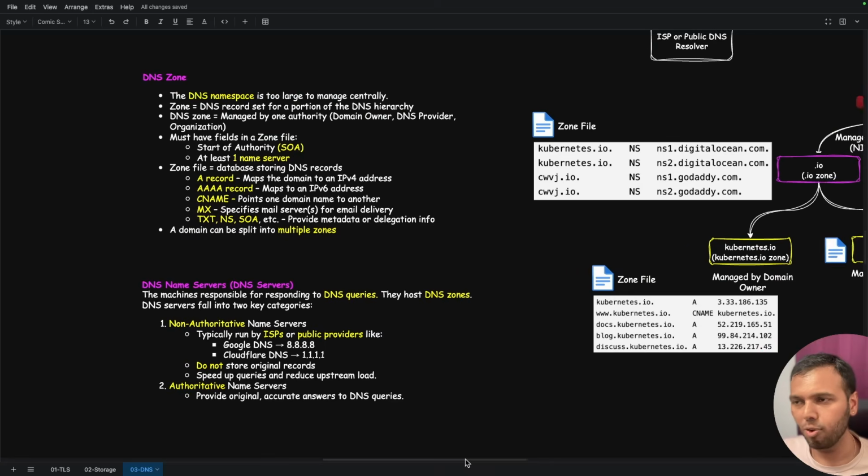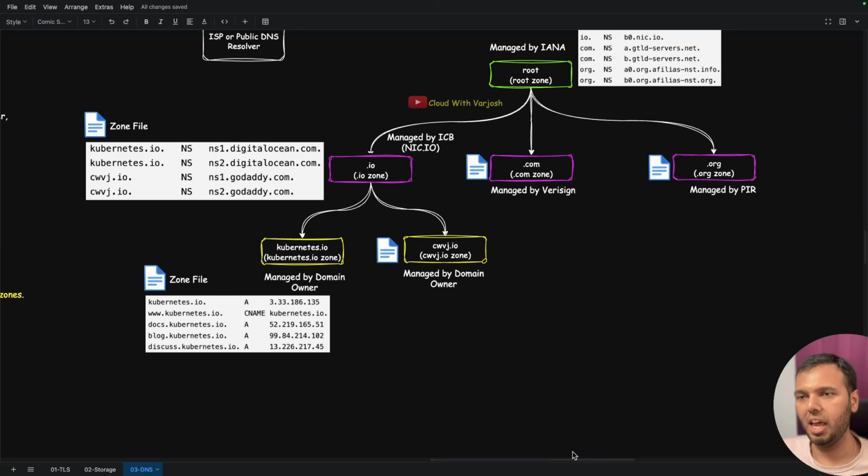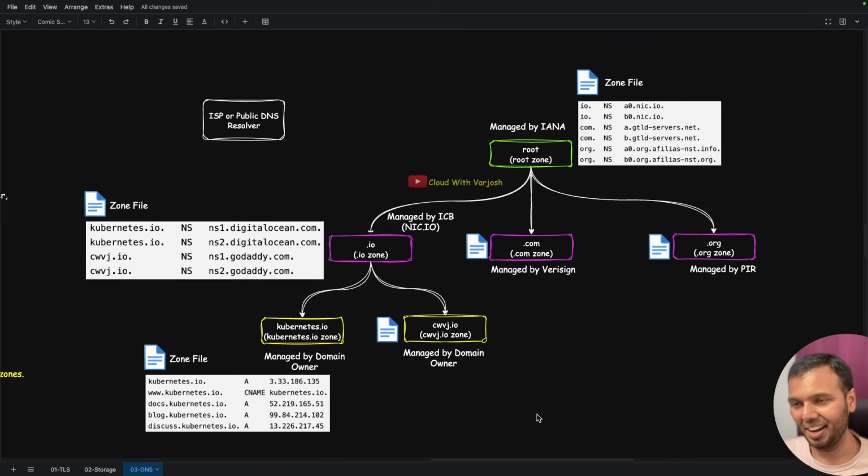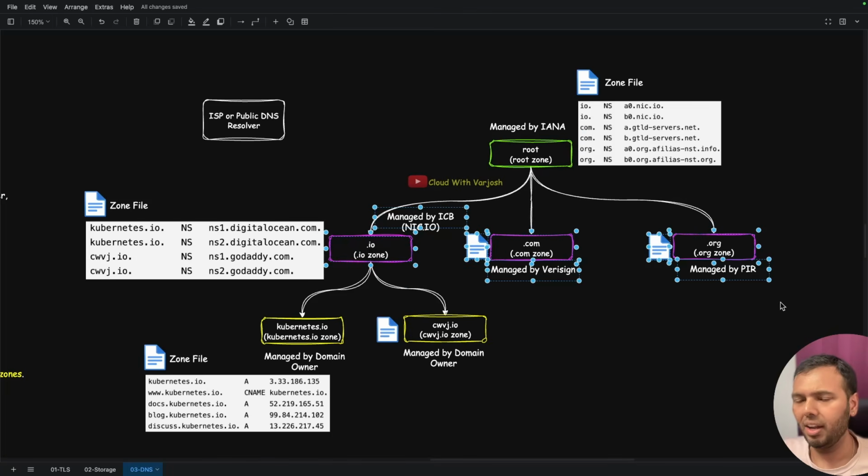Now let's move to the right and see what is happening here. Again, an interesting piece. You have a root at the very top, and like we discussed, root has a root zone. Then there are various TLDs under the root, and each of these TLDs will have their own zone. For example, .io has an .io zone, .com has a .com zone, and so on.